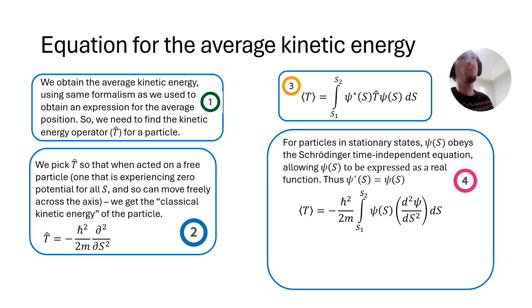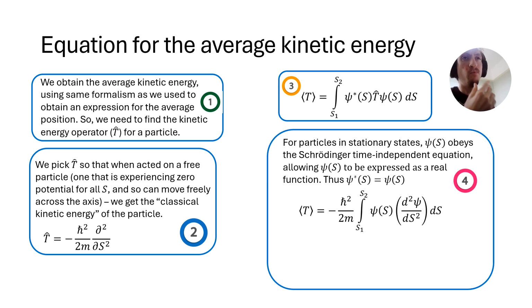Now we need to evaluate this integral, and there are various ways to do it. But one of the key things to note is we've got a second order derivative of a wave function in an integral. That's kind of messy to interpret or deal with.